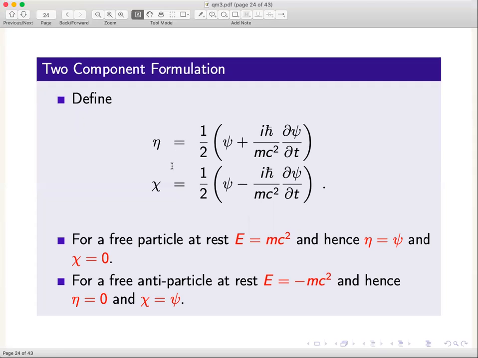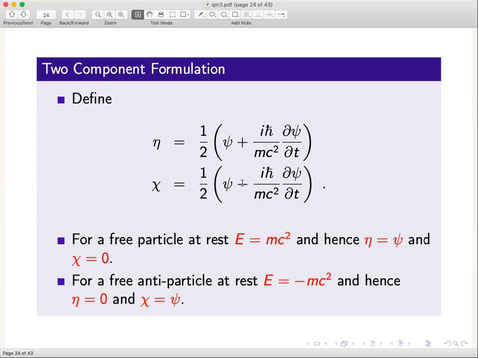So eta describes the particle state. On the other hand, if you have E equals minus mc squared, that is what we would have called the antiparticle state. In that case, it is chi which is non-zero and eta is 0, when you substitute E equal to minus mc squared. But remember that all this is done when both particle and antiparticle are at rest.